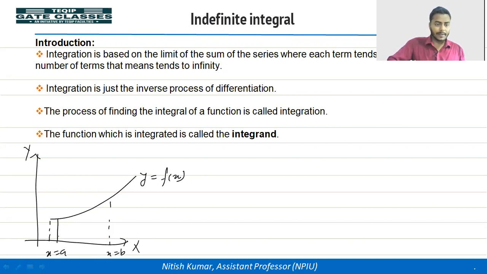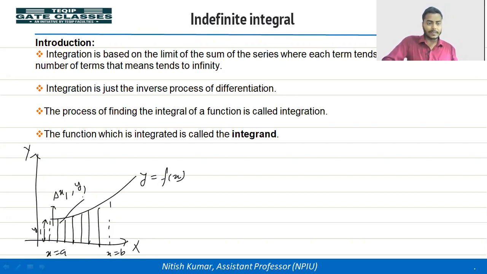So we have divided this whole area into a number of segments, and suppose the width of each segment is delta x1 and the height is y1. For the second segment, the width is delta x2 and the height is y2, for example.